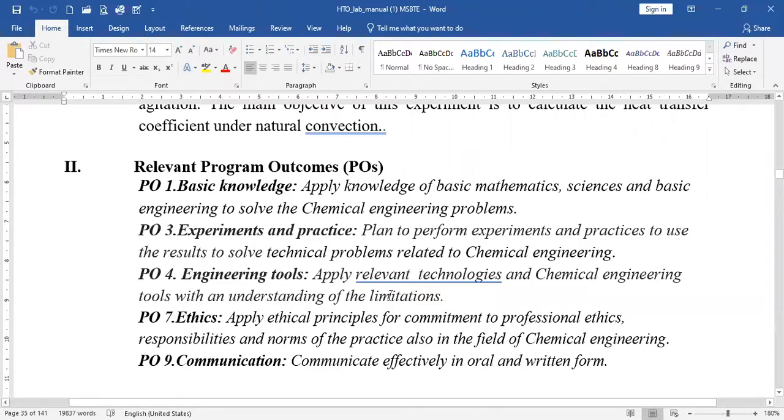Then engineering tools: apply relevant technologies and chemical engineering tools with an understanding of the limitations. And ethics: apply ethical principles of commitment to professional ethics, responsibilities and norms of practice in the field of chemical engineering. And communication: communicate effectively in oral and written form.